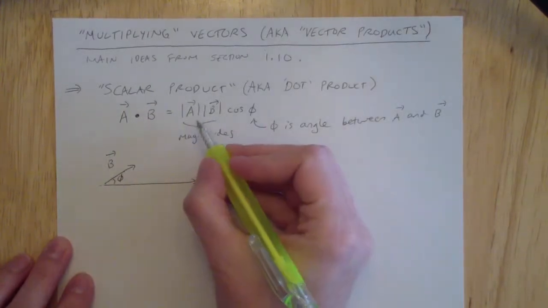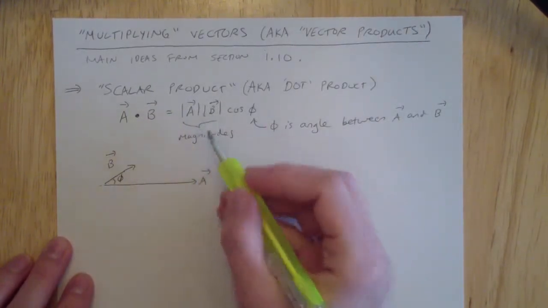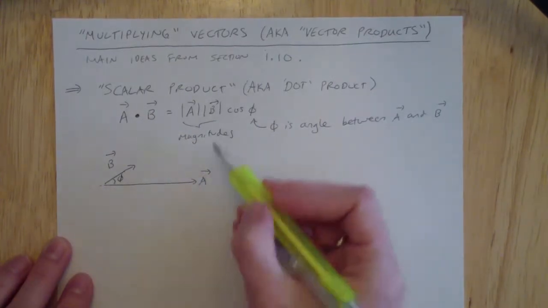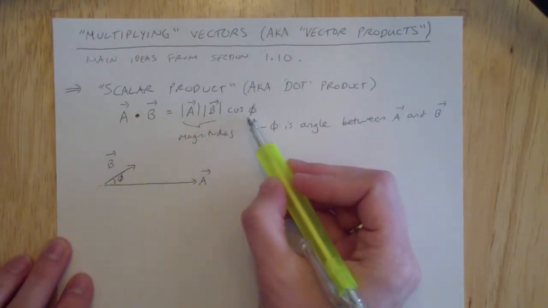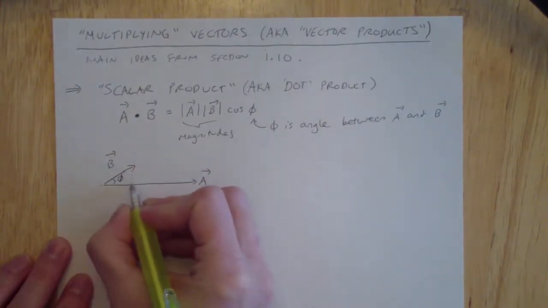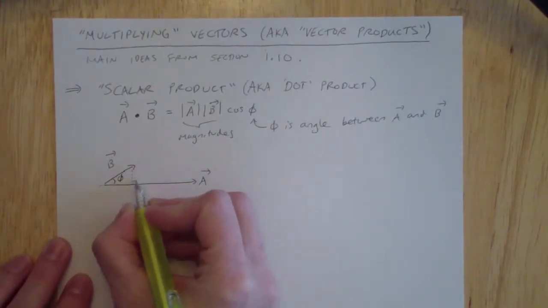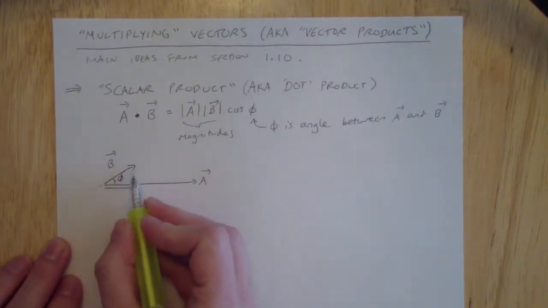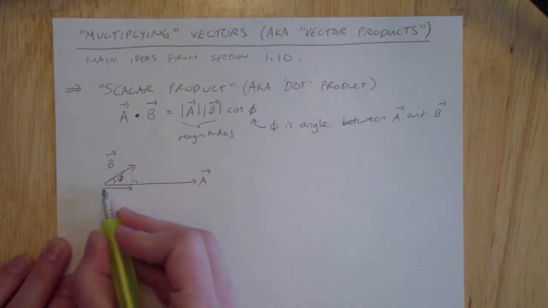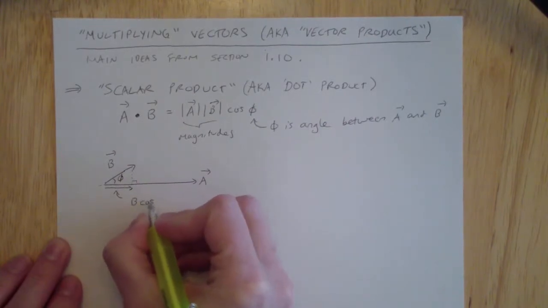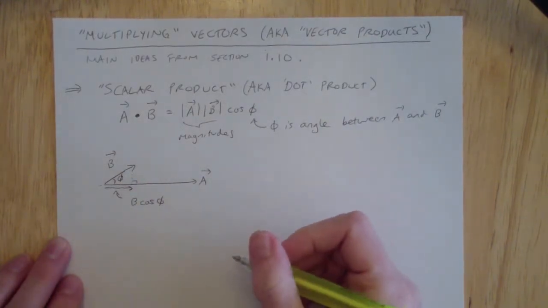So if we look here, then the scalar product, A dot B, is equal to the magnitude of A times B cosine phi. And B cosine phi, right, if we look at this right triangle here, is simply going to be equal to the projection of B along A, the component of B that is parallel to A. So this would be here B cosine phi.